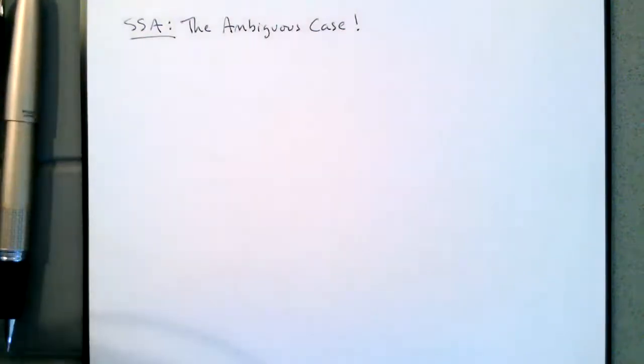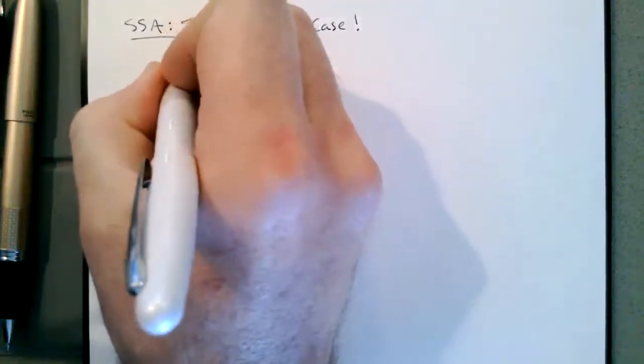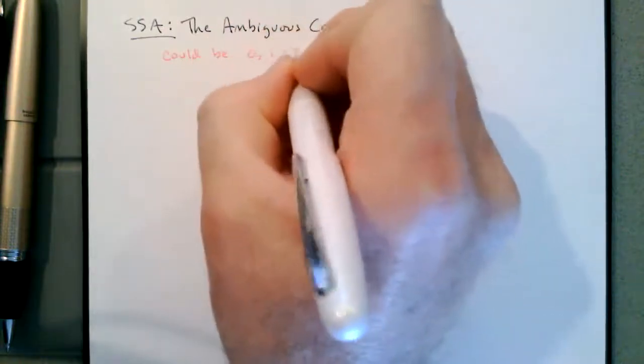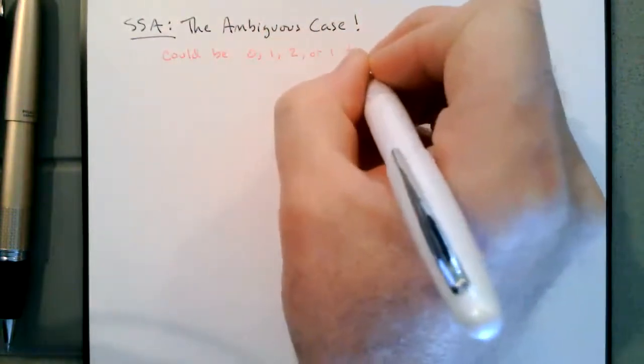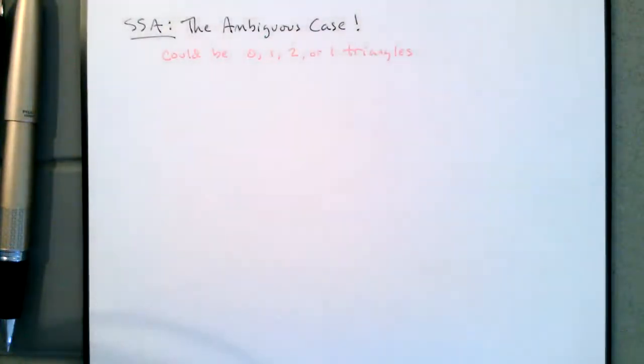What we mean when we say it's the ambiguous case is that the given information could lead to 0, 1, 2, or 1 triangles. I know I said 1 twice, but I said it in this very specific order. 0, 1, 2, or 1 triangles.